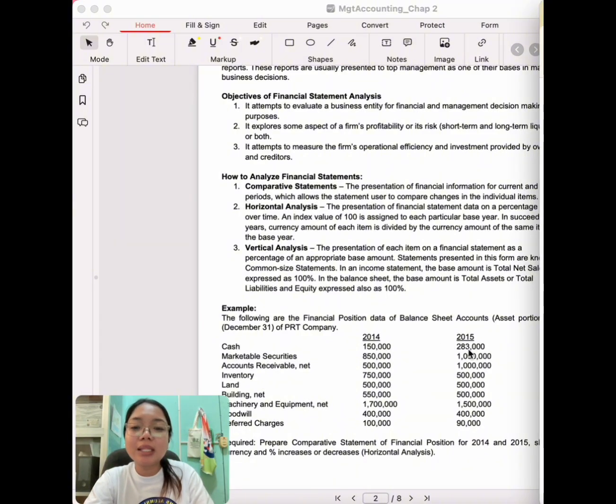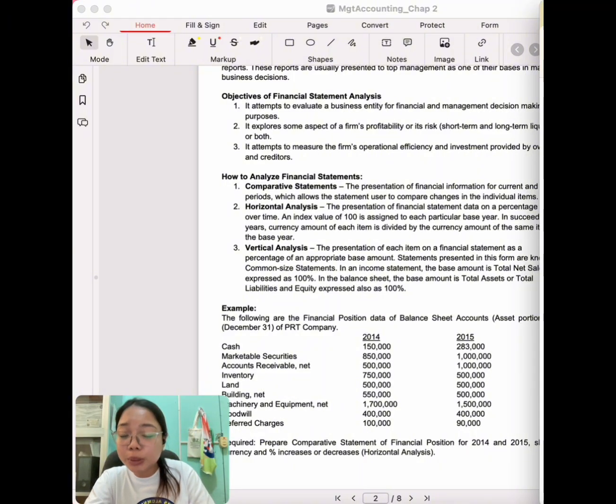So, pag 283,000 minus 150, ang sagot dyan ay 133,000. So, the percentage increase is approximately 88.7%. So, positive ito ha. So, that means yung cash, nag-increase siya by 88.7% from the previous year.